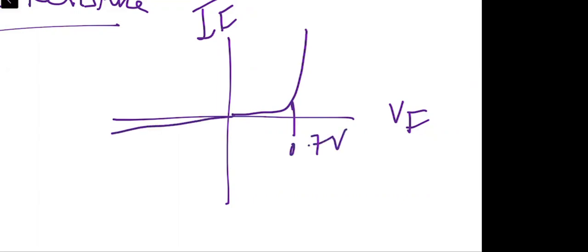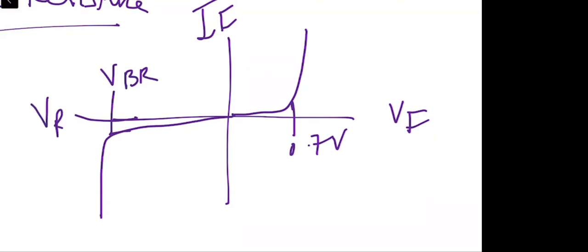In the reverse direction, it will be something like this at the VBR, and this is VR, and this is IR. Are you with me? Yes, sir. Okay? Any question up till now?